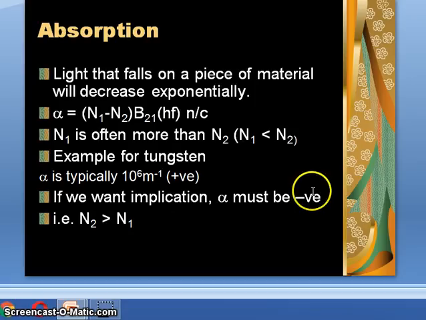Light that falls on a piece of material will decrease exponentially, where alpha is proportional to N1 minus N2, where N1 is the number of electrons or atoms in the ground state and N2 is the number of atoms or electrons in the excited state. N1 is often more than N2. For tungsten, alpha is typically 10 to the power 6 per meter. If we want amplification, alpha must be negative, that is, N2 is greater than N1.